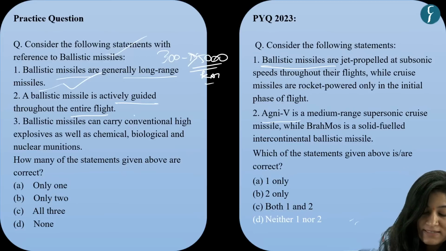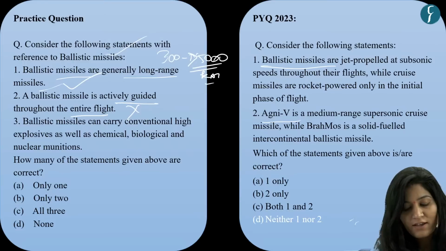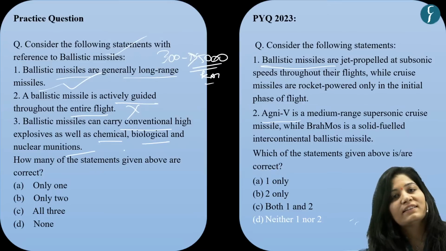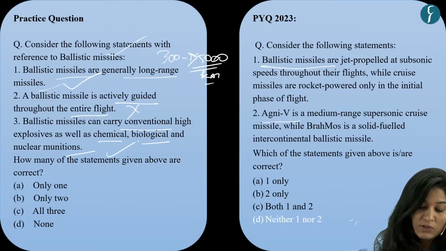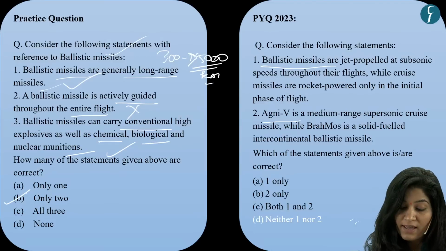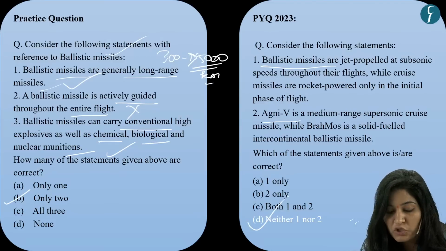This makes our second statement incorrect. Now, let's come to the third statement. Ballistic missile can carry conventional high explosive as well as chemical, biological and nuclear munitions. This statement is correct. So, this makes our answer option B, that is only 2. And the answer of this PYQ is option D.